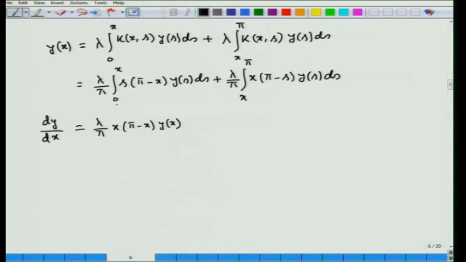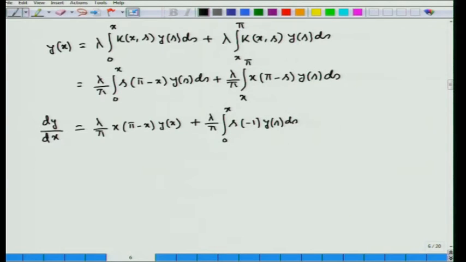There will be no contribution from the lower limit because it is 0, and then differentiating the integrand with respect to x, we find plus lambda divided by pi integral 0 to x s into minus 1 y(s) ds.